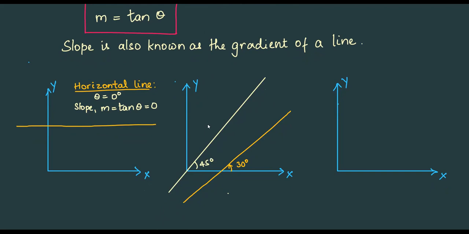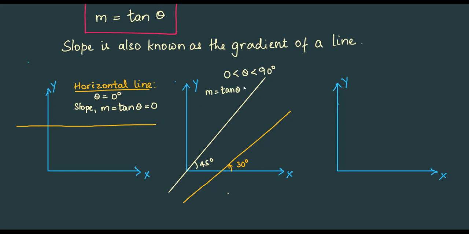So these are acute inclinations, right? Inclined lines with positive slope. So this horizontal line, the slope is 0. Now when theta lies between 0 and 90, so inclination is between 0 and 90, then m equal to tan theta is in the first quadrant.